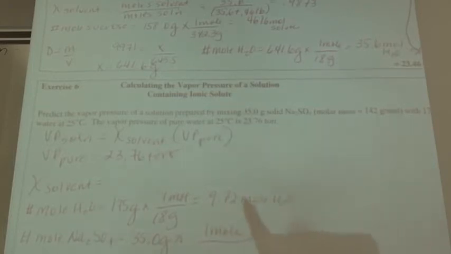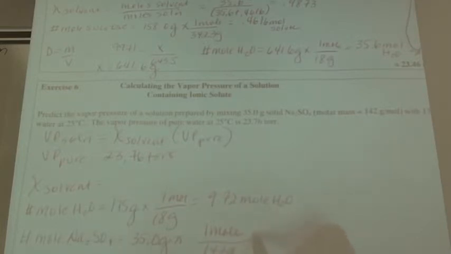All right. Now the number of moles of sodium sulfate equal to 35 grams. 1 mole of sodium sulfate is 142 grams. And that means we have 0.246 moles of sodium sulfate.